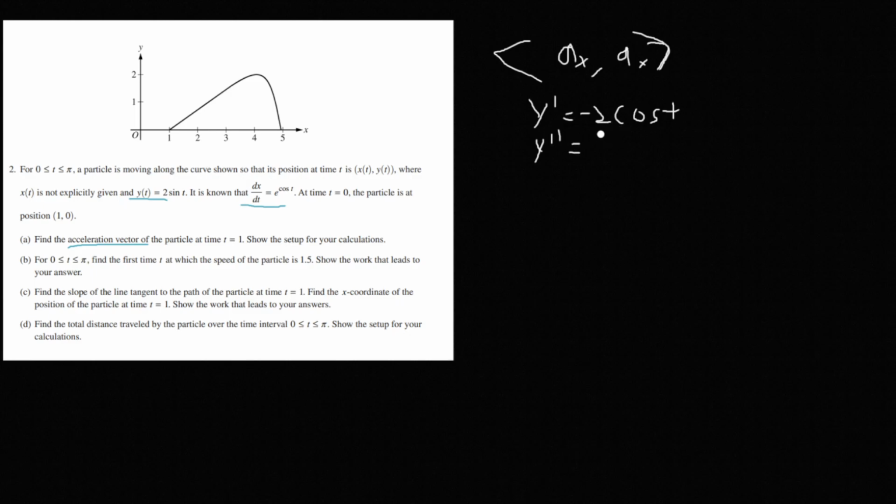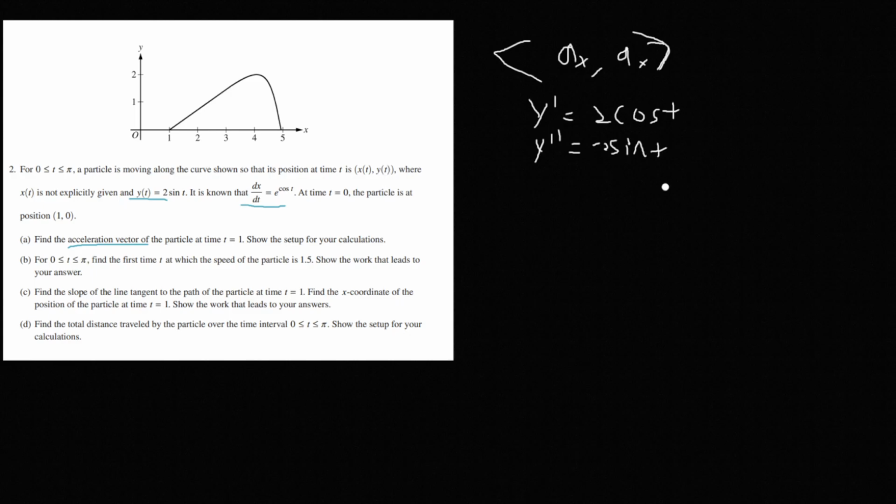And so the derivative of cosine is negative sine. It is not negative cosine, but here we go. It is negative sine, -2 sine t.